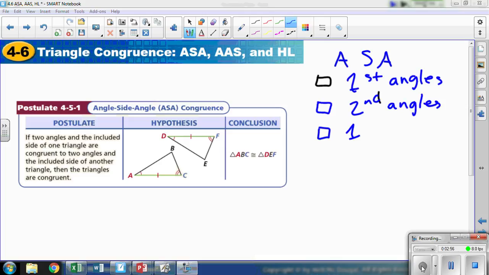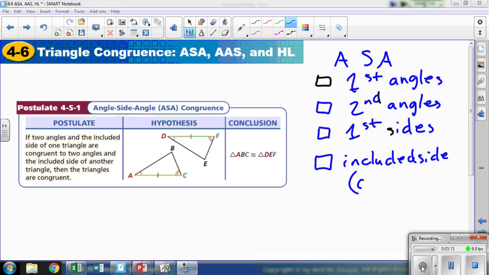We would need 1 pair of sides. And just like we had an order to side, angle, side, this has the order as well. We need to have the included side. That included side is what guarantees us that we've actually got angle connecting to side, connecting to angle.